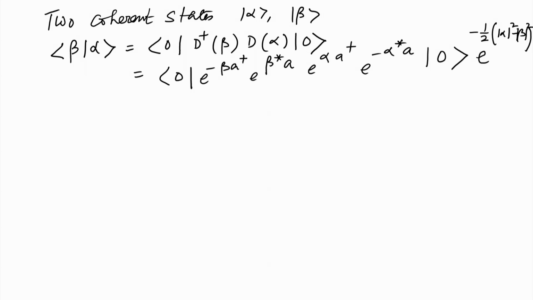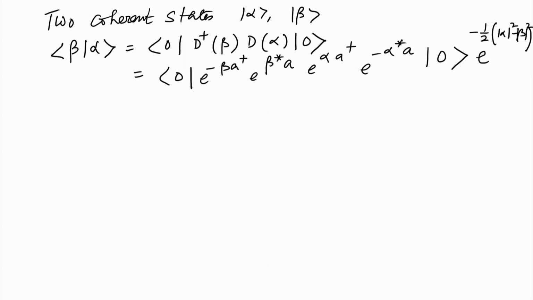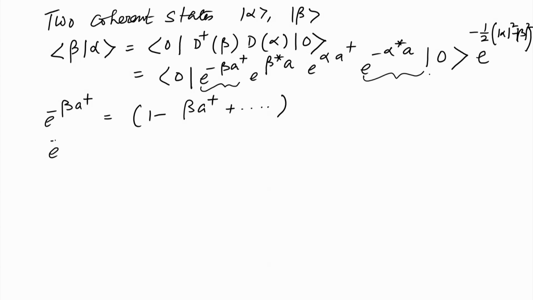Now, it has to be seen whether these two coherent states are orthogonal. In order to see that, let us look at the end states, the first one and the last one, and the exponentials can be expanded. Exponential minus beta A dagger is 1 minus beta A dagger and so on, and exponential minus alpha star A is 1 minus alpha star A and so on.